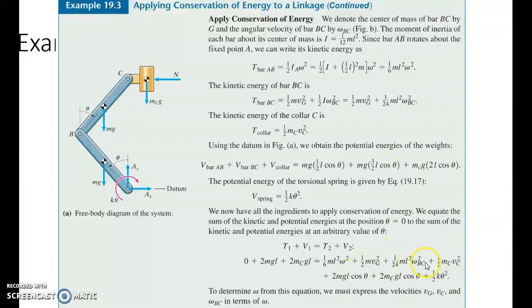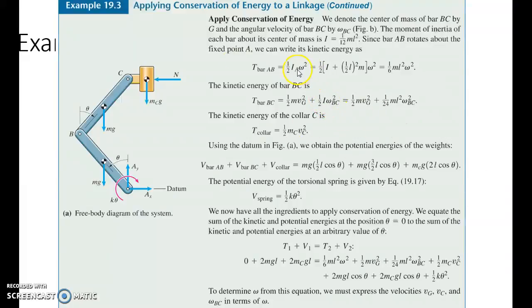Note the moments of inertia. About what axis are they taken? For bar BC, it's rotating and translating, so this term here, the I, is the moment of inertia about an axis through its centroid.